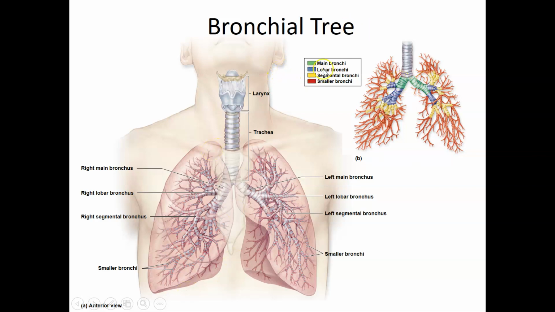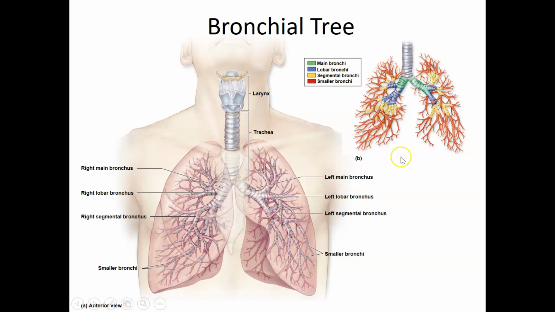Branching off the main bronchi are lobar bronchi. They're color-coded blue here. You have three lobar bronchi in the right lung and two in the left lung. And the reason for that is there are three lobes in the right lung. It's larger than the left lung where there are only two. Okay, lobes are basically segments of the lung that are sectored off by connective tissue barriers. The lobar bronchi further divide into segmental bronchi, color-coded yellow on this slide.